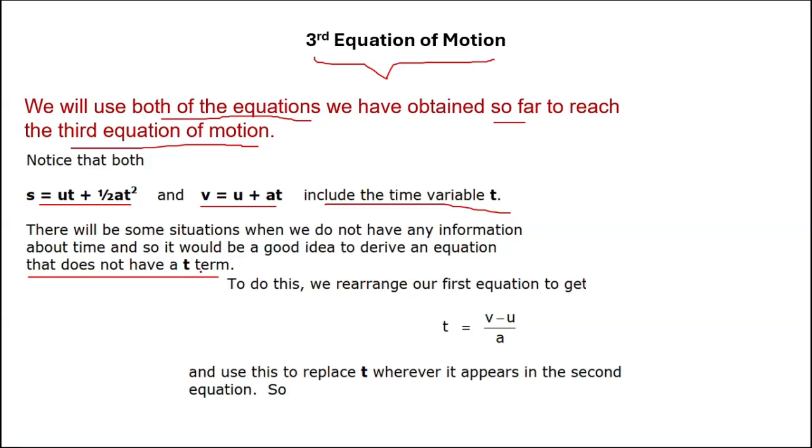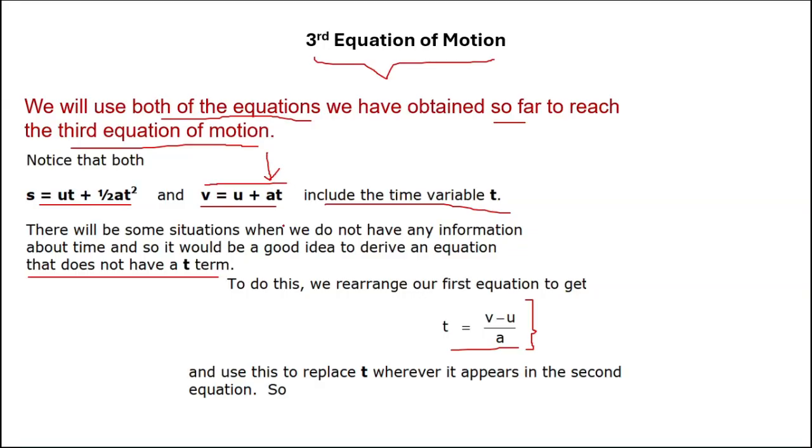So to do this, we rearrange our first equation to get t is equal to v minus u divided by a. Where did this come from? It came from our first equation here. From here we have got the value of t. So t is equal to v minus u divided by a from this particular equation.